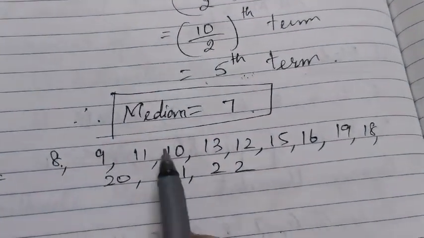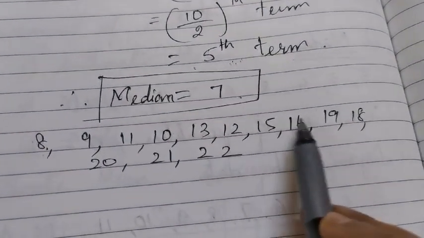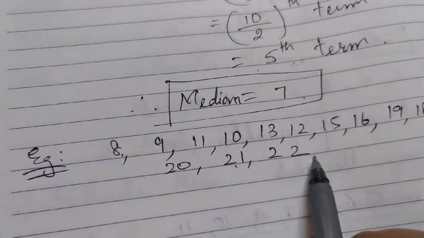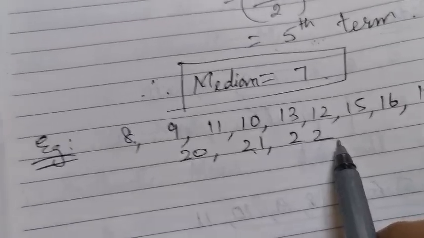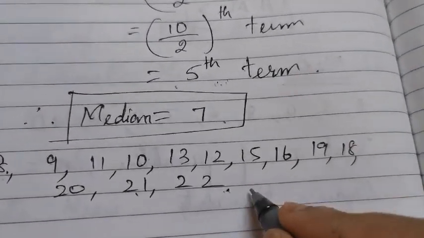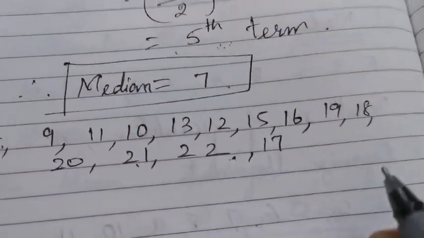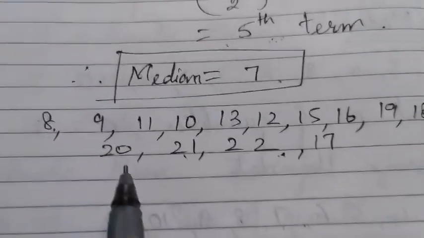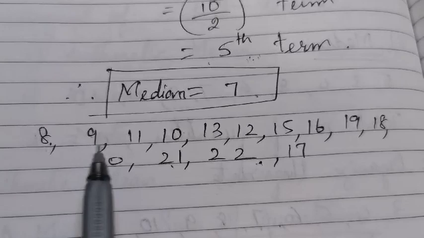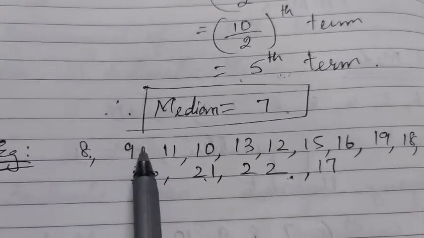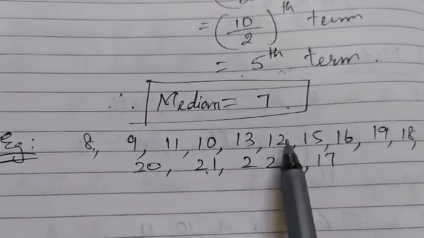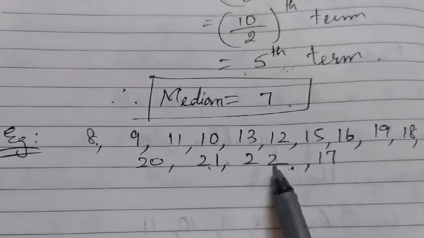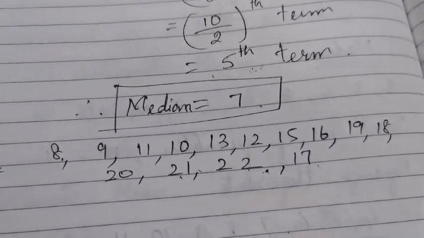So 1, 2, 3, 4, 5, 6, 7, 8, 9, 10, 11, 12, 13 we have. We will take another one also, 17. So we have an even number of data, 14 data in total.